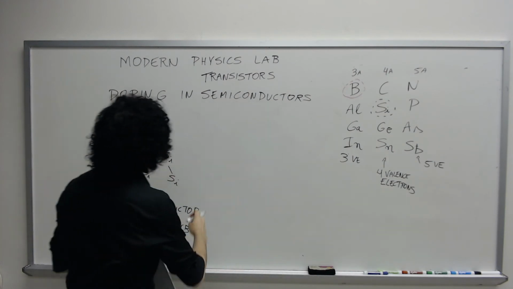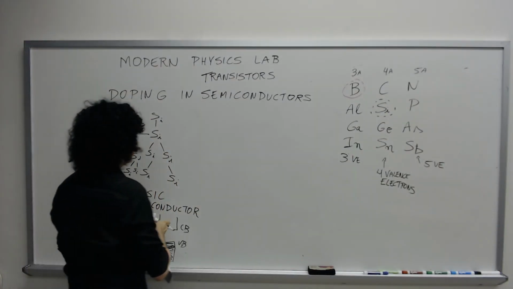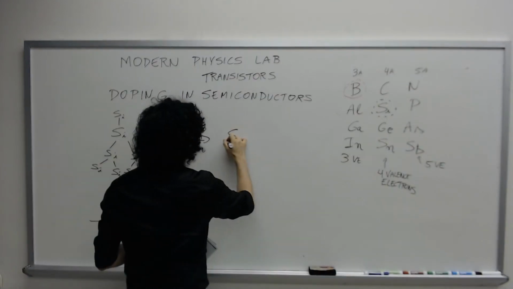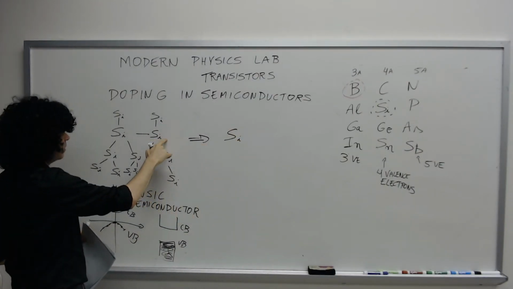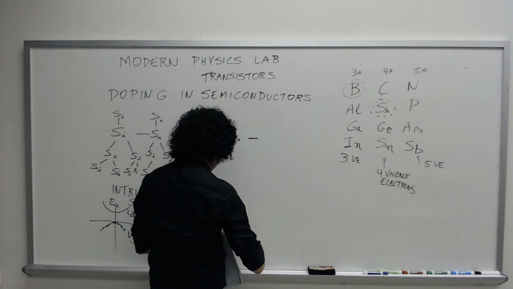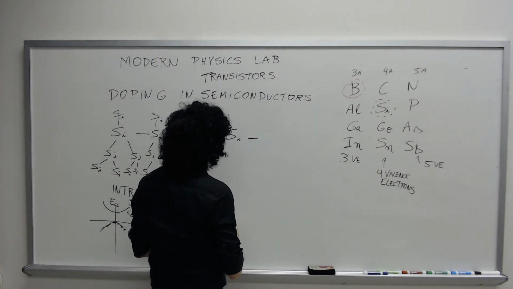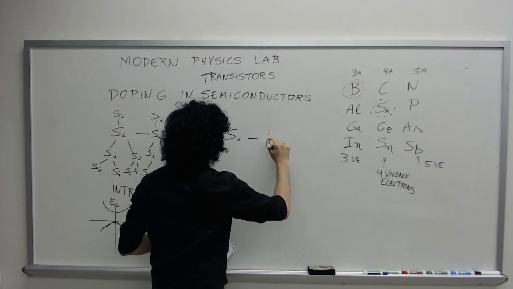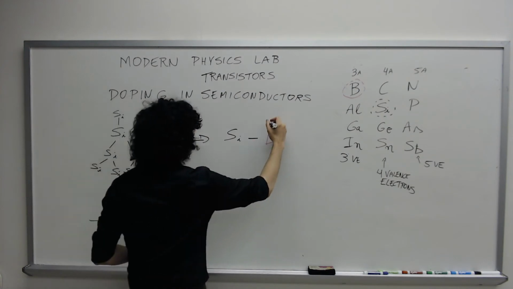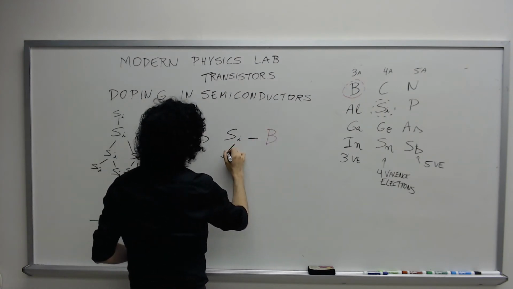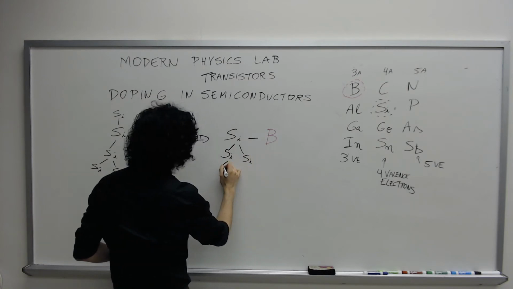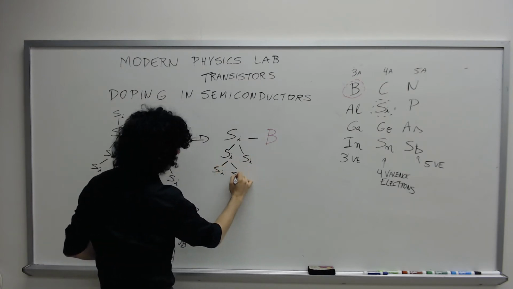So if you take these out and now you replace the silicon atom here by a boron atom, let me draw the entire network here.